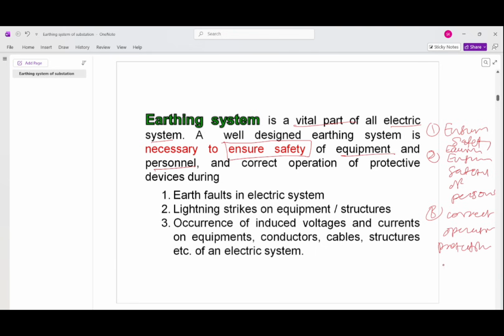These are the three objectives of the earthing.